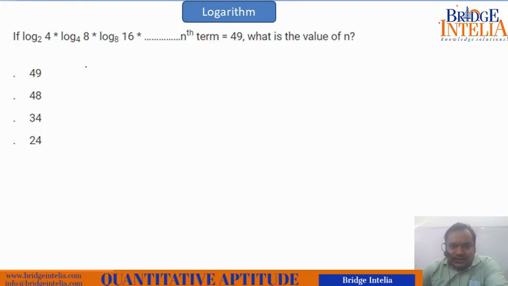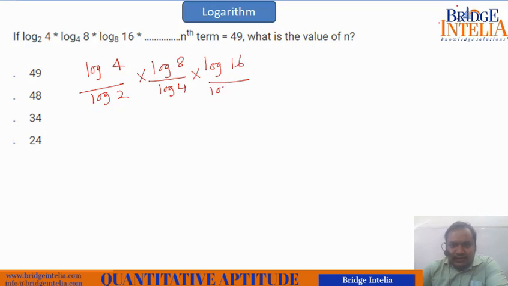So the terms basically take this form: log 4 by log 2 into log 8 by log 4 into log 16 by log 8. So if you observe carefully, the terms keep on cancelling diagonally. So this must be cancelled again. So let's suppose the last term.